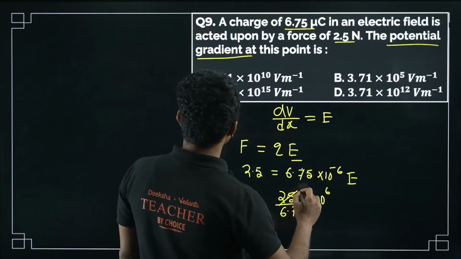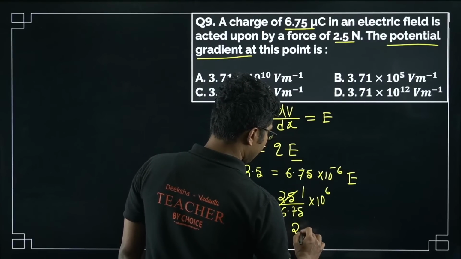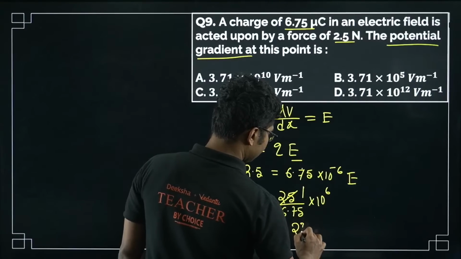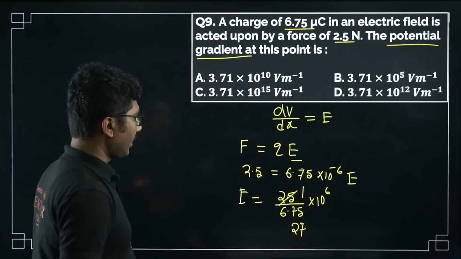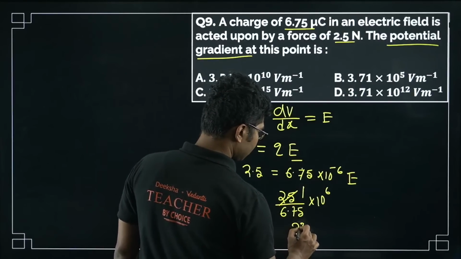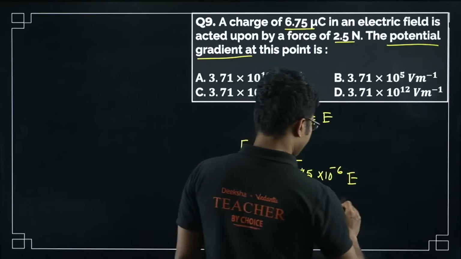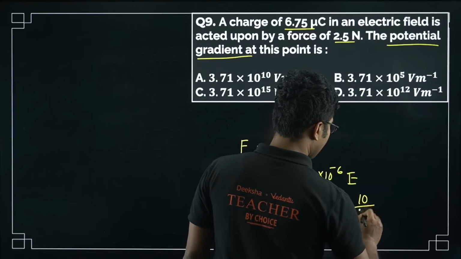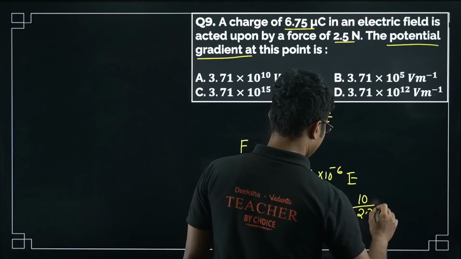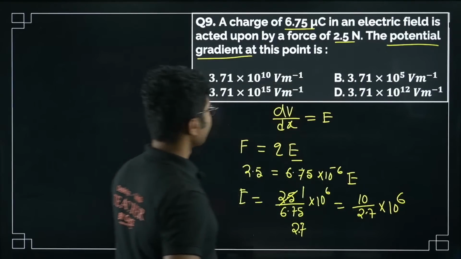So it will be 1 by 2.7, right? 1 by 2.7, which is equals to 10 divided by 2.7 into 10 to the power 6.